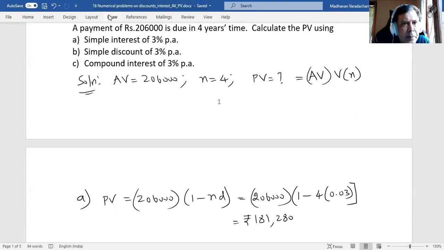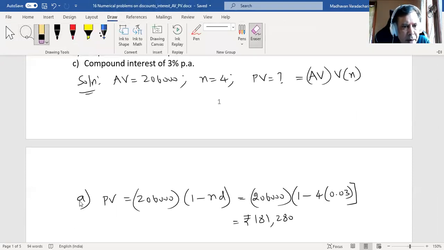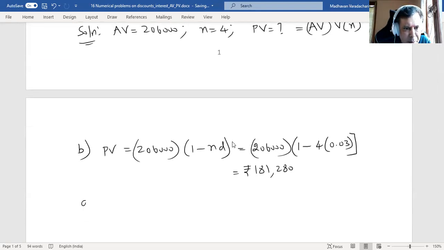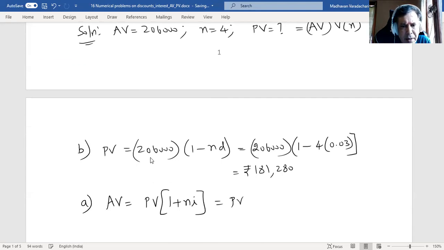So this is the simple discount what I did actually. I'm sorry, I think I did the second part because I considered discount. You should correct it to B. Let us do A now, which I missed. Simple interest: if you want to find out accumulated value, it is present value times 1 plus ni, so present value equals accumulated value divided by 1 plus ni.